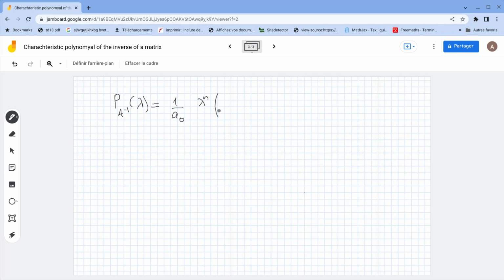of 1 by lambda, but P_A of 1 by lambda is a_n times 1 by lambda to the power n plus a_{n-1} times 1 by lambda to the power n minus 1 plus ... plus a_1 times 1 by lambda plus a_0.